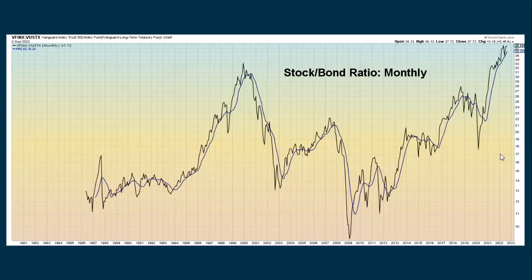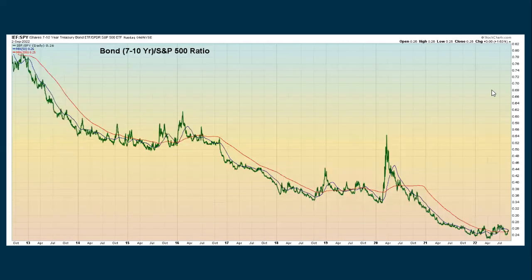This is a monthly chart of the stock to bond ratio. It shows that even though stocks have been struggling and bonds have been suffering, stocks have still been outperforming bonds overall. Here's bonds to stocks, which we saw a little bit of a spike up here. This measures different maturities than the previous chart.